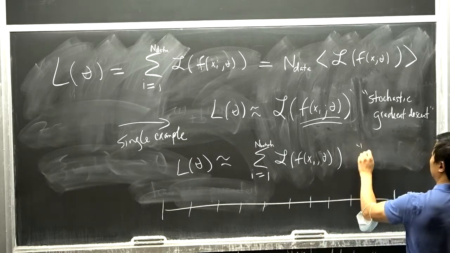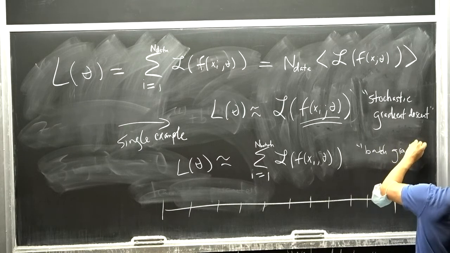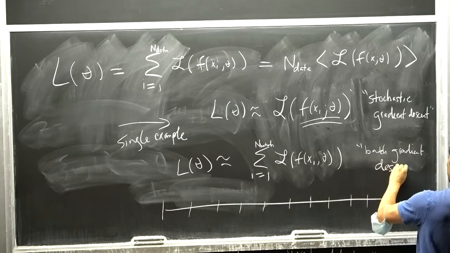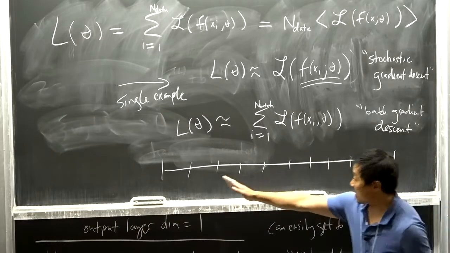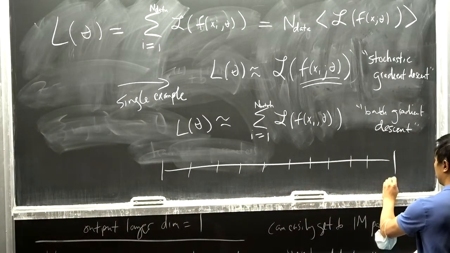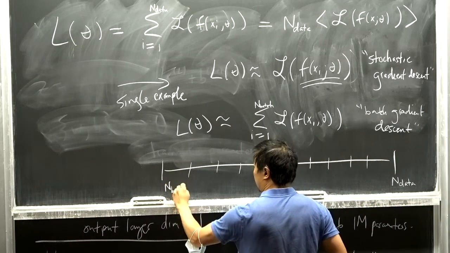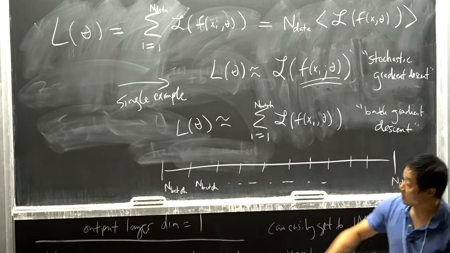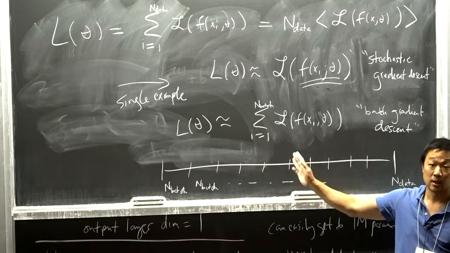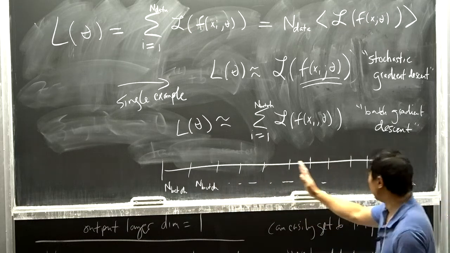This is called batch gradient descent, and this is typically what everybody does, so we sometimes just call it gradient descent. Let's say I have n data total. I chop it up into equal size batches, compute the gradient on each batch, then update the weights, and cycle through, continuing all the way through the data.